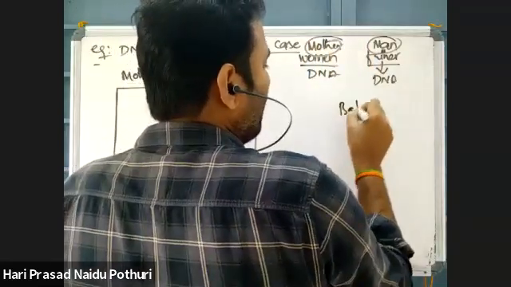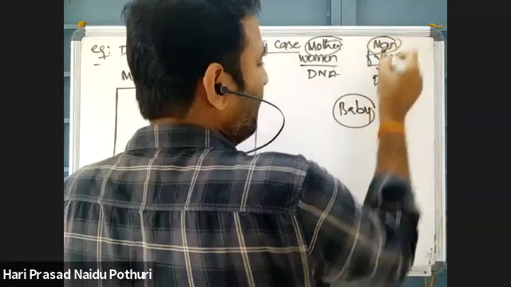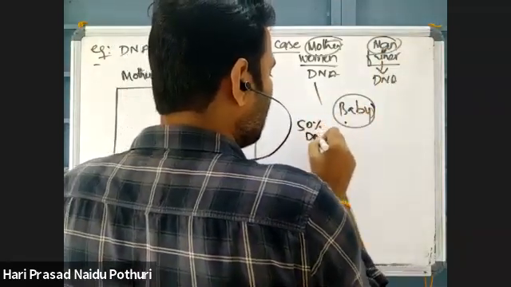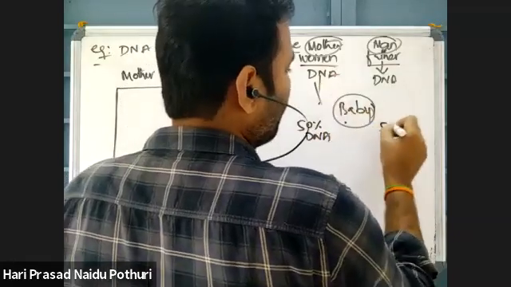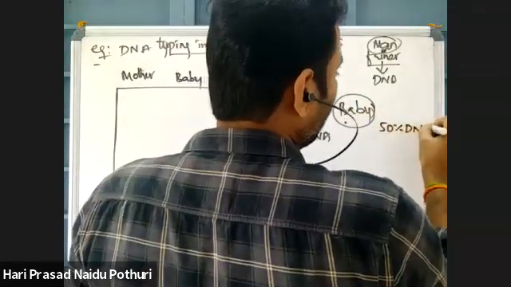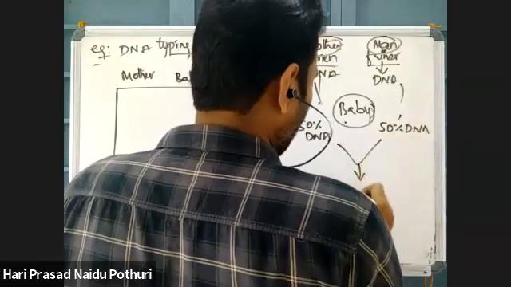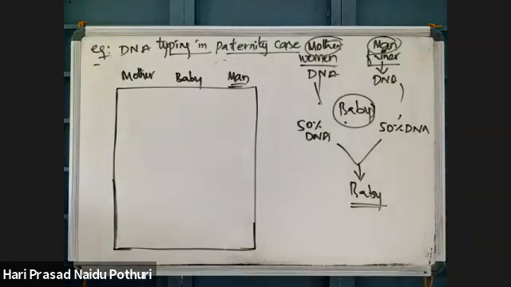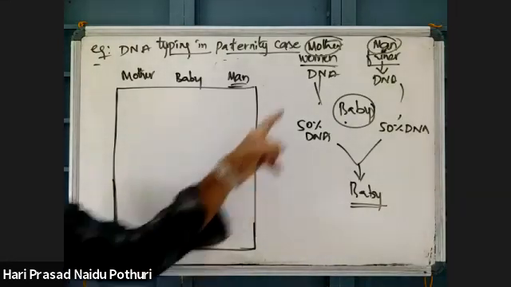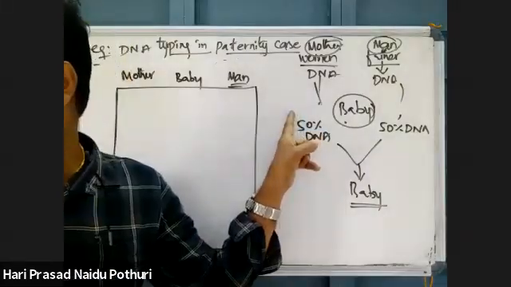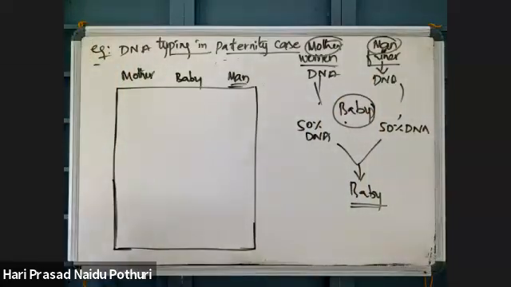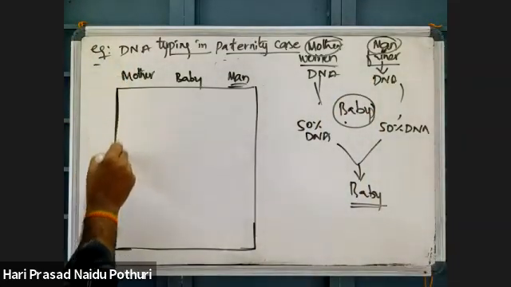If this person is the original father, how will the baby get DNA? 50% of the DNA will come from the mother and 50% from the father. So this baby has 50% of DNA from the father and 50% from the mother, because the female gamete gives 50% and the male gamete gives 50%.